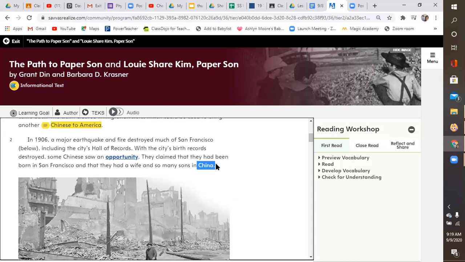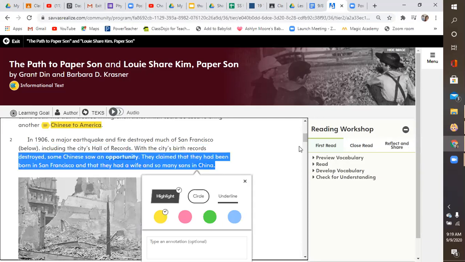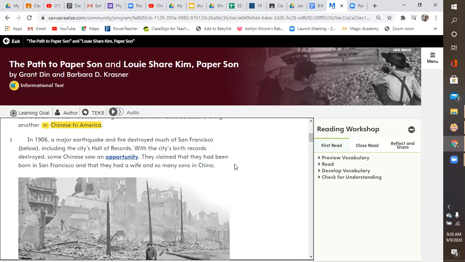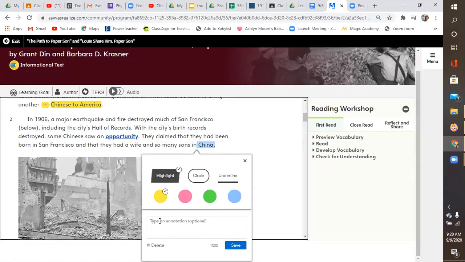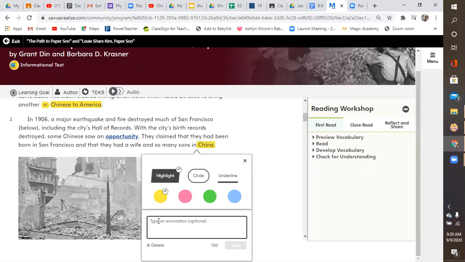I'm going to highlight this last word, not the whole paragraph, and that way that will let me annotate or write my own thinking in the margins. So again, who or what? Let's think.